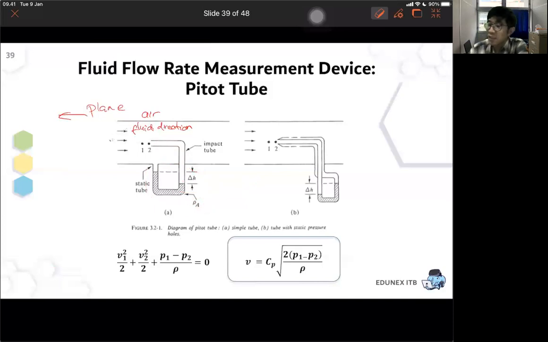So I'll repeat that. Some of the air will be flowing inside the pitot tube, right? Because it has a hole at the tube. Then the flow will be like this.